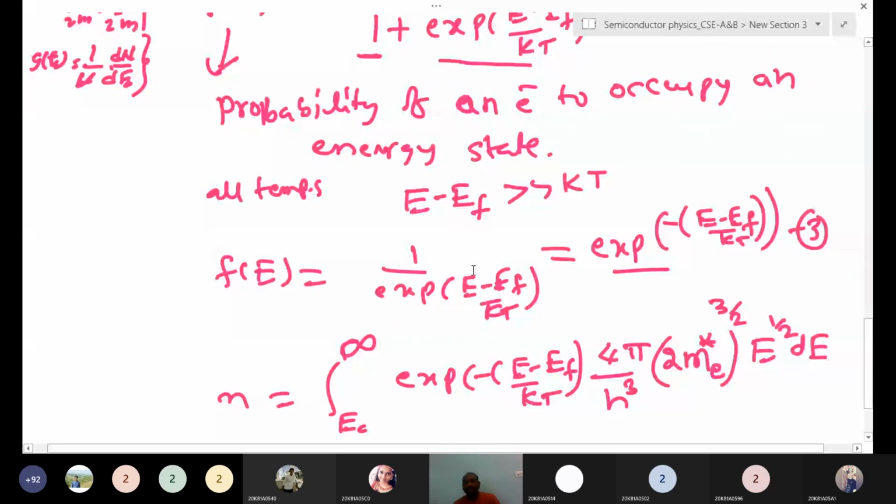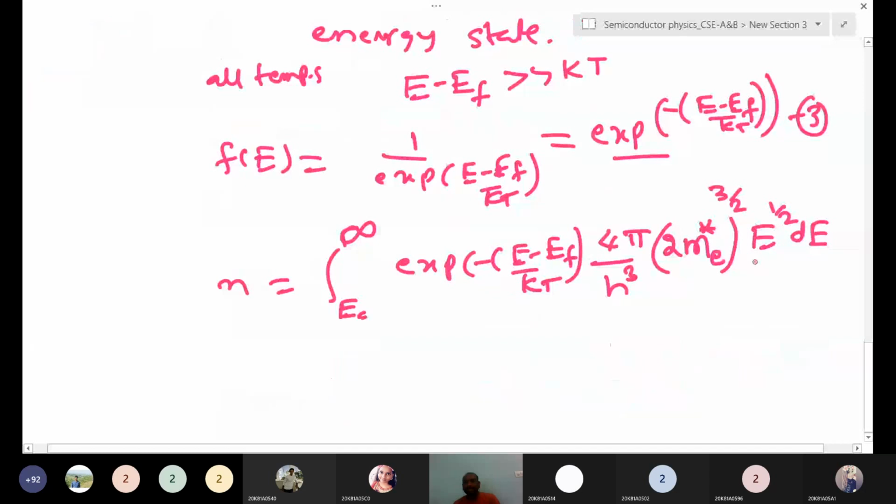Now this 4 pi by h cube, 2m, is a constant value. Can we write it outside the integration? Yes, we can, because it is constant.